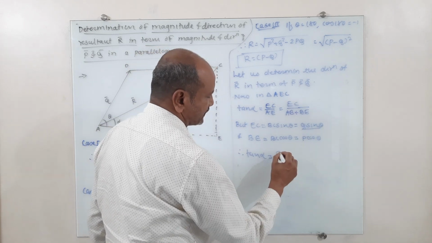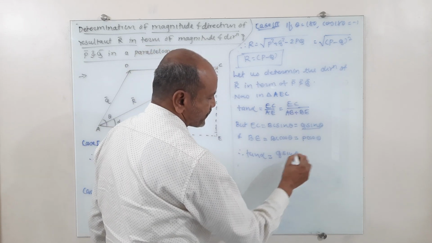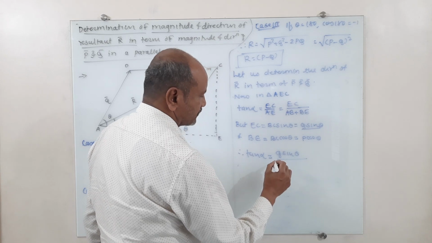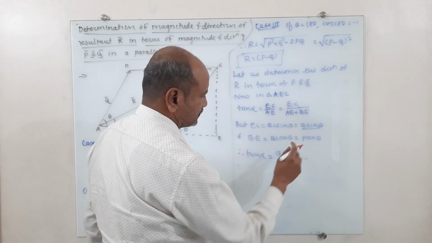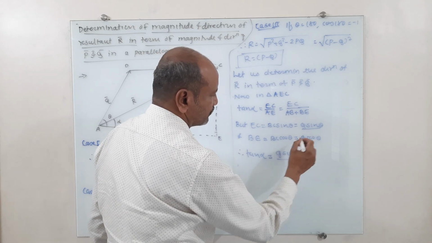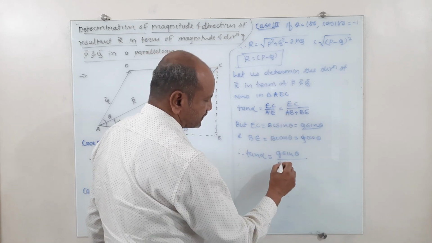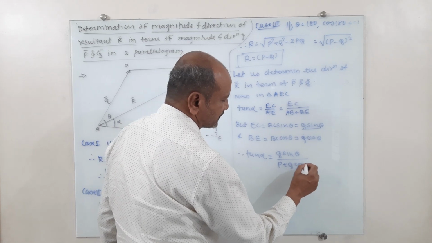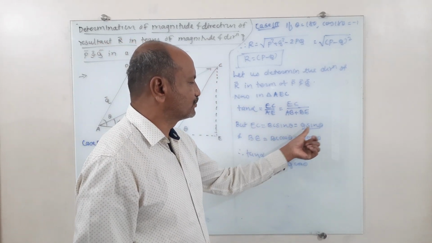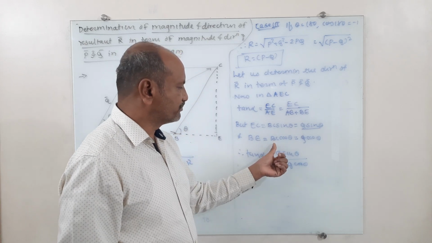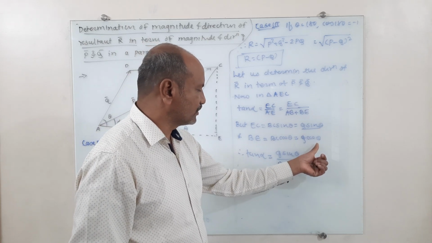Q sin theta upon P plus Q cos theta. Once again told you that EC is equal to what? BC sin theta means Q sin theta. BE is equal to BC cos theta is equal to Q cos theta.